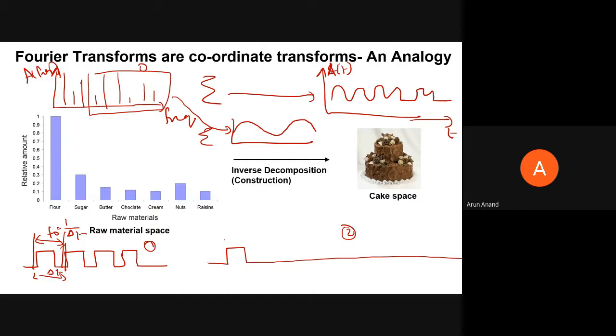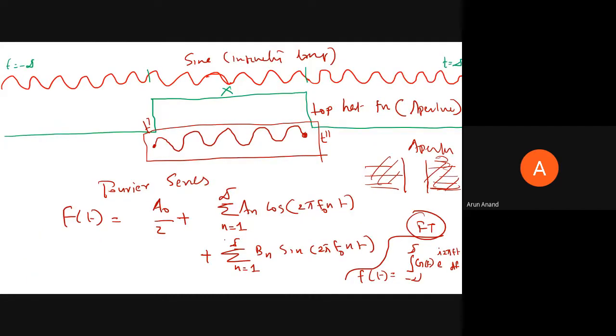Once you don't know the fundamental frequency, you have to use all the possible frequencies in the universe and see which frequency components fit the signal. Is it clear? Okay. So that is why you are using your Fourier transform. See, your frequencies go from minus infinity to plus infinity. You are trying out all the possible frequencies in the universe. Of course, if your sampling is already known, then you don't have to go from minus infinity to plus infinity.